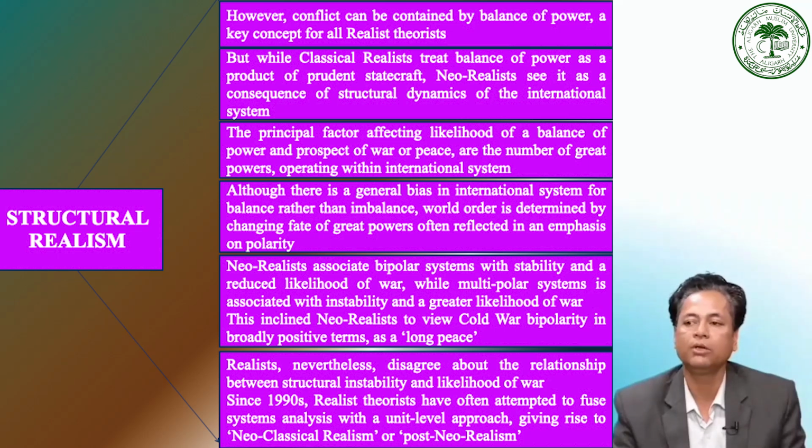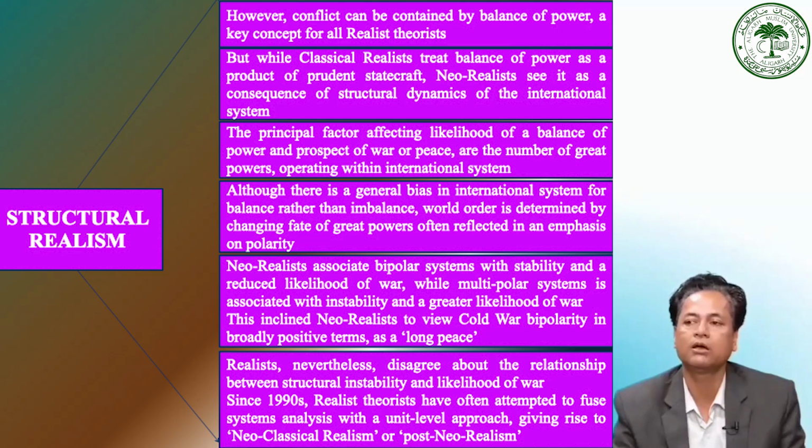But they are not in favor of a unipolar world, because in a unipolar world there is no countervailing power to checkmate the dominant power. So that may encourage the dominant power to intervene and engage in military conflicts in other parts of the world, as we have seen in the case of America in the 1991 Gulf War. So the point is, unipolar world is not very stable according to the neo-realist.